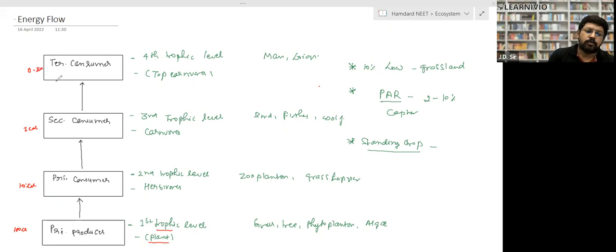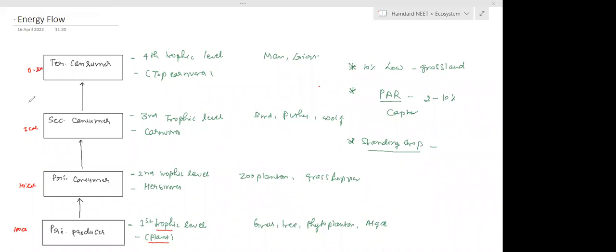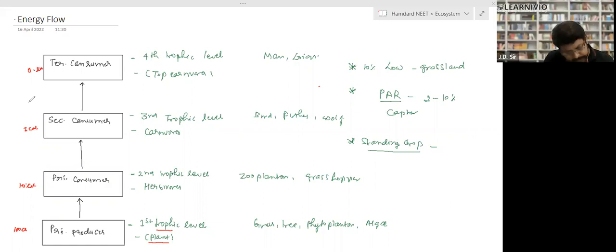So whenever energy transfers from one trophic level to another, 90% of the energy gets lost and only 10% is carried forward. That is called the 10% law.